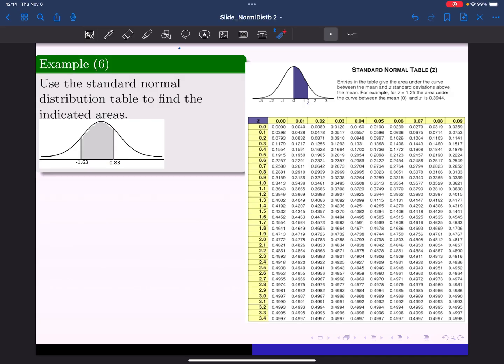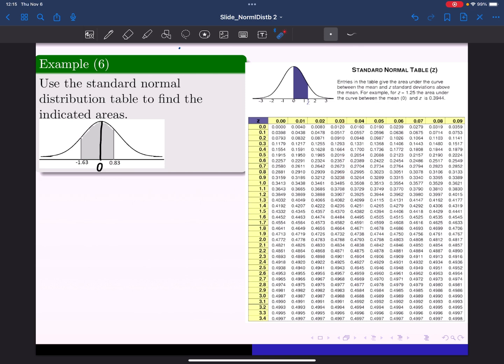Example 6. Use the standard normal distribution table to find the indicated area. So we will do as before. We mark the center as 0, and then we can see that the area to the right is straightforward. We can use the normal table. We're looking at the point 0.83, so 0.8 and the intersection with 0.03.